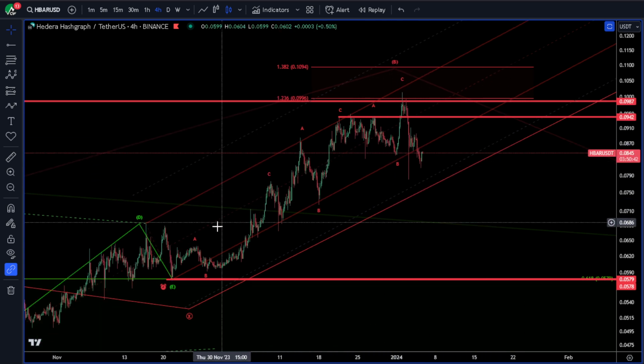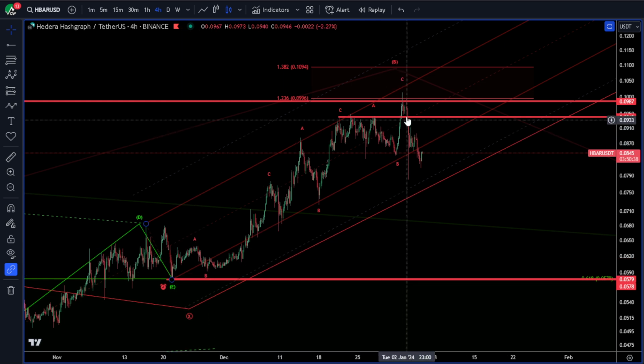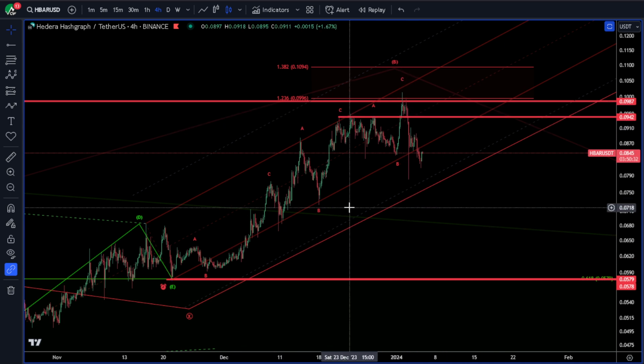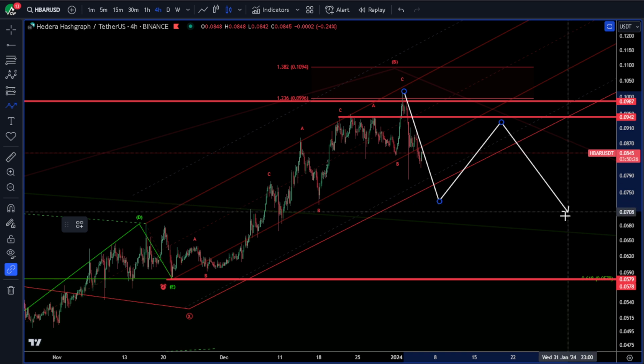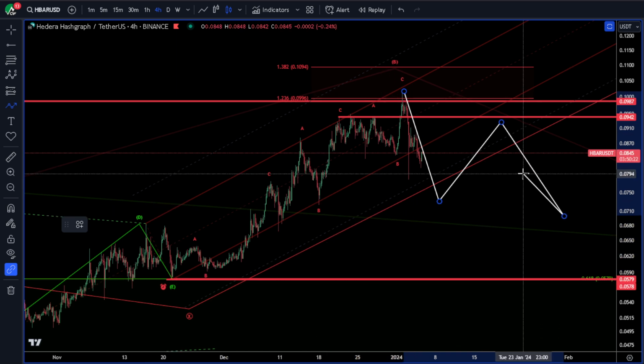The only way you can get confident in this count is you say, yes, we have 3 ABCs potentially up here. Well, then that would just be a leading diagonal. And again, a very ugly leading diagonal, in which case you would, if the top was here, you'd be expecting a larger correction anyway, right? Because we're correcting this entire move.